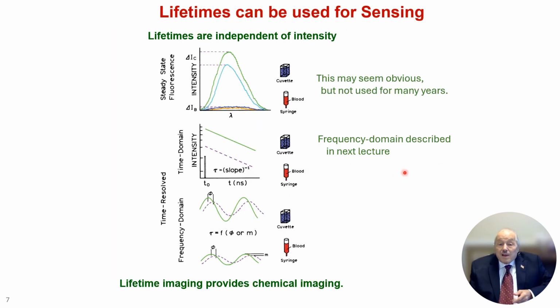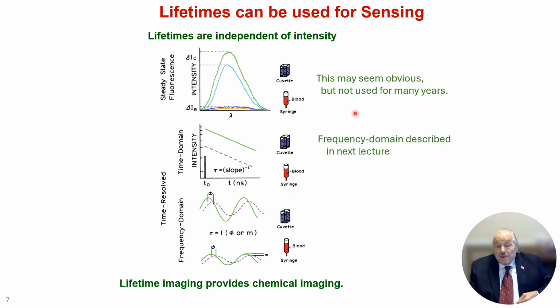So why do we like lifetimes? One of the reasons we might like lifetimes is that they are independent of fluorescence intensity. So let's do a thought experiment. We have a typical clear cuvette here.